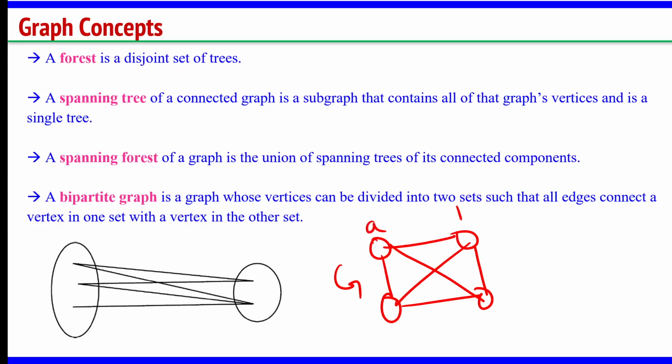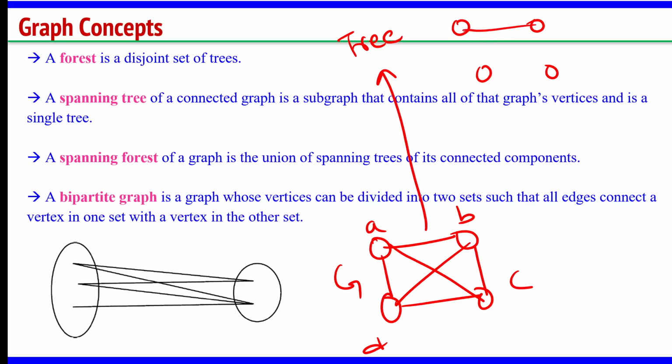This is A, B, C and D. For a spanning tree, from this graph generate a tree such that all 4 nodes exist, and it should be a tree. It should be a tree means there should not be any cycles. So one answer for this can be, if I connect this way, this is a tree.